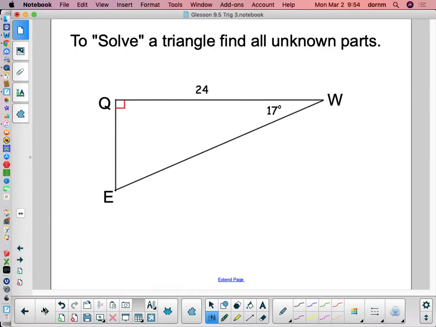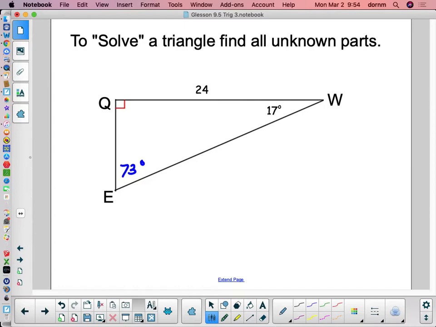Absolutely not. If I know two sides, I can find the third side using the Pythagorean theorem. If I know two angles, I can find the third angle by adding up to 180. So this is going to have to be 73 degrees. That's all set. 17 plus 73 is 90, plus 90 is 180.